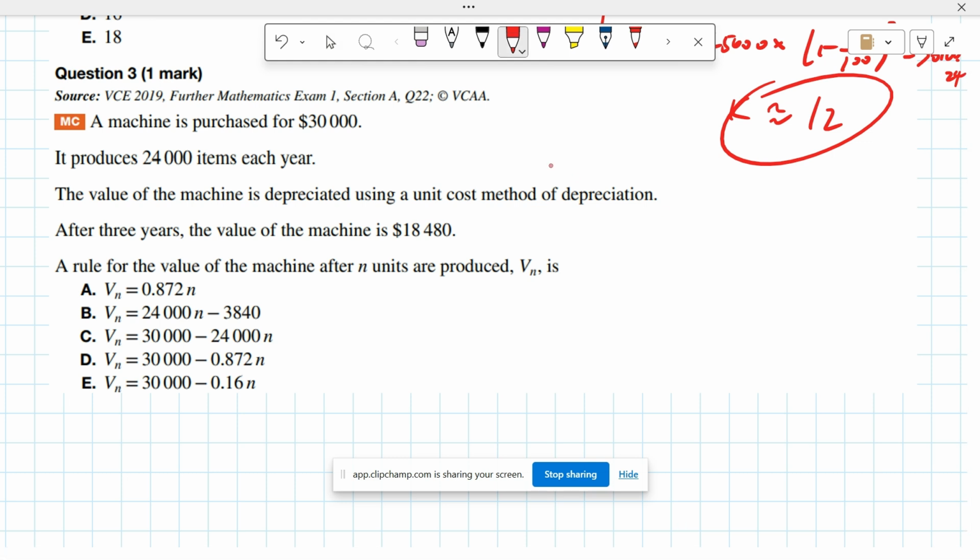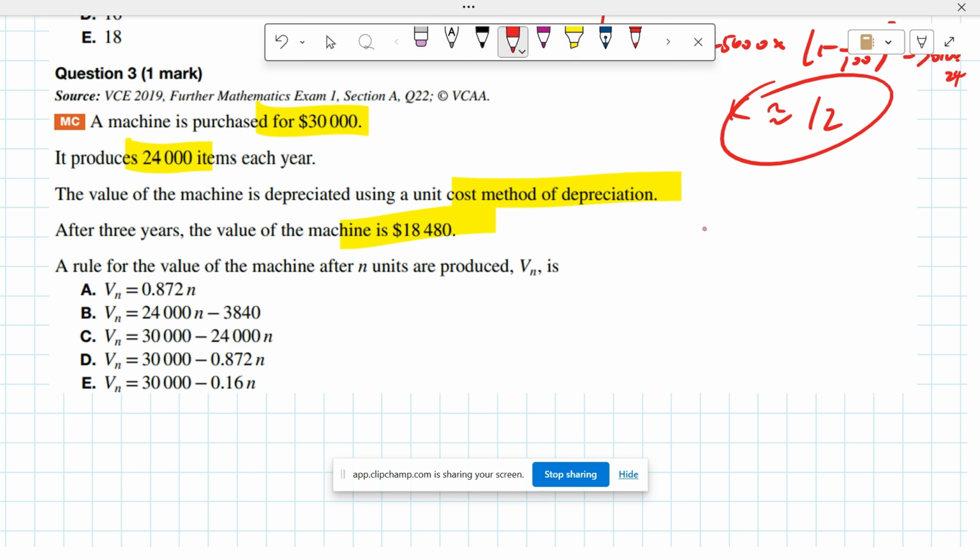So highlight all the numbers we have: the purchase price, the items produced each year, the reducing balance depreciation, and the value of the machine, which is 18,480. Now we're going to find the total depreciation.